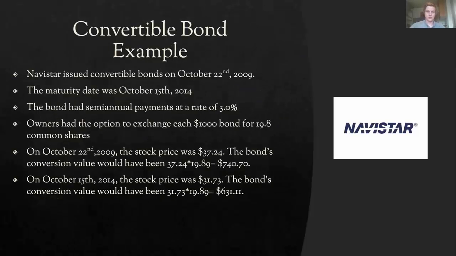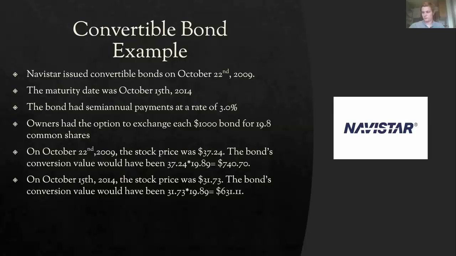All right, so an example of a convertible bond was from a company called Navistar. They issued convertible bonds on October 22nd, 2009, and they had a maturity date of October 15th, 2014, so a 5-year kind of mid-term period. The bond had a semi-annual payment at a rate of 3%.